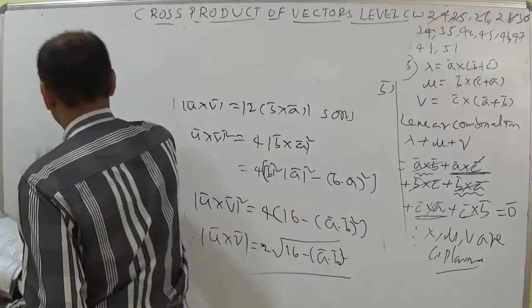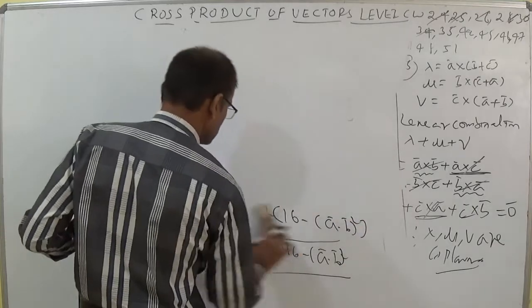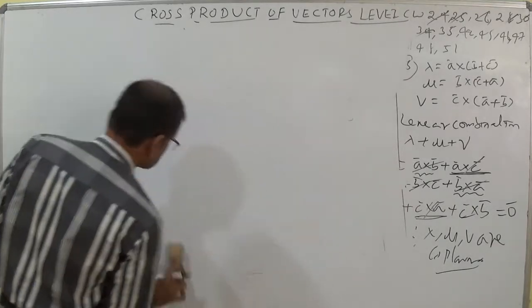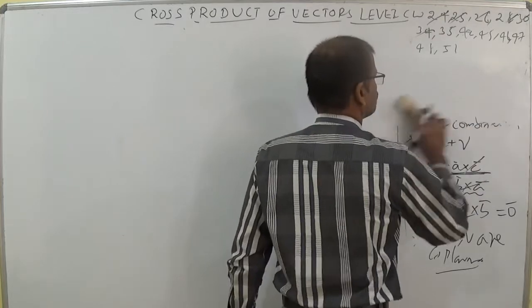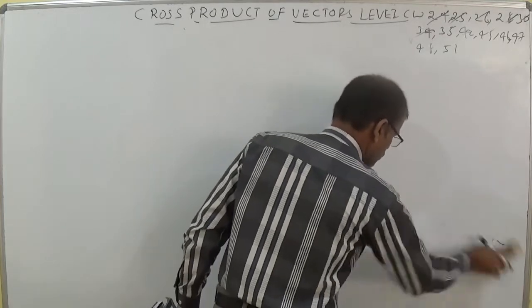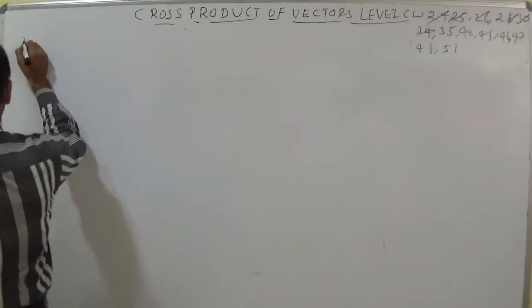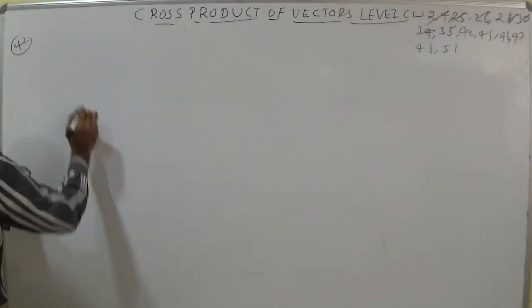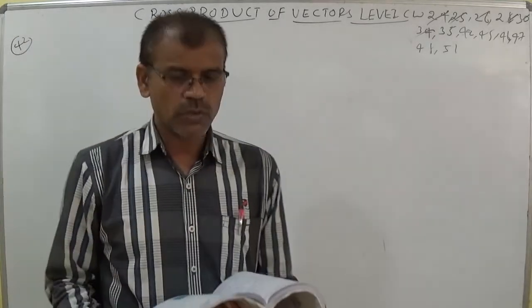If they do not ask about area, they often ask in EAMCET questions in this model: the vector which is perpendicular to the plane, or the vector which is perpendicular to both given vectors. Read the question carefully. Question 42: A, B, C, three points are given. A unit normal vector to the plane of the triangle.